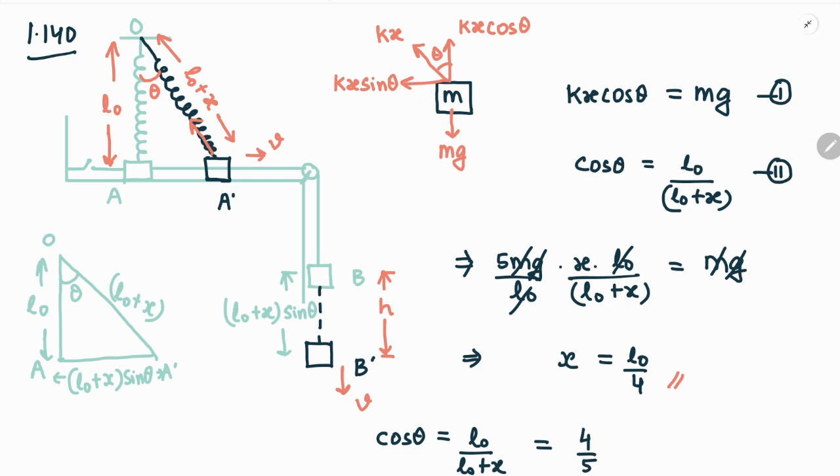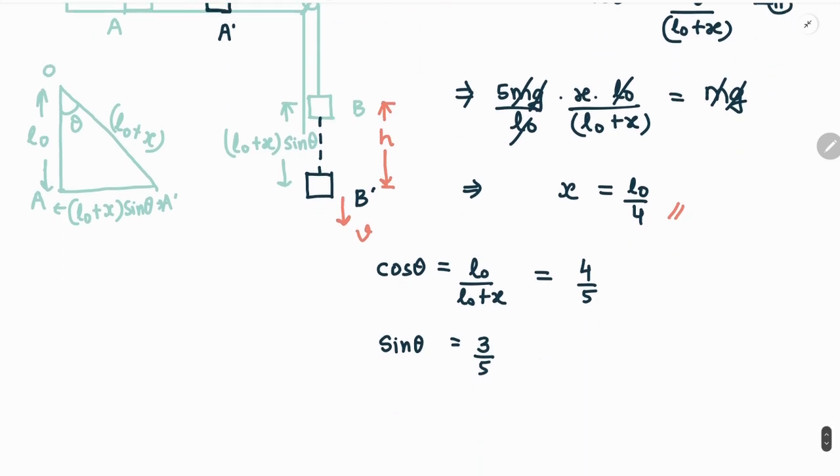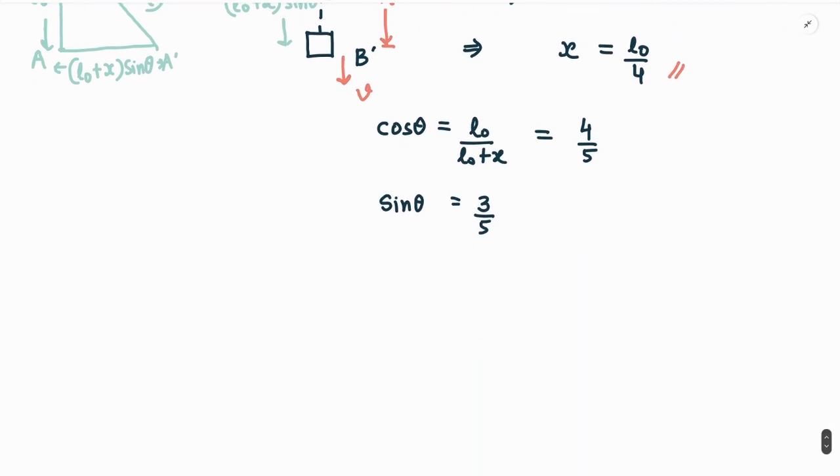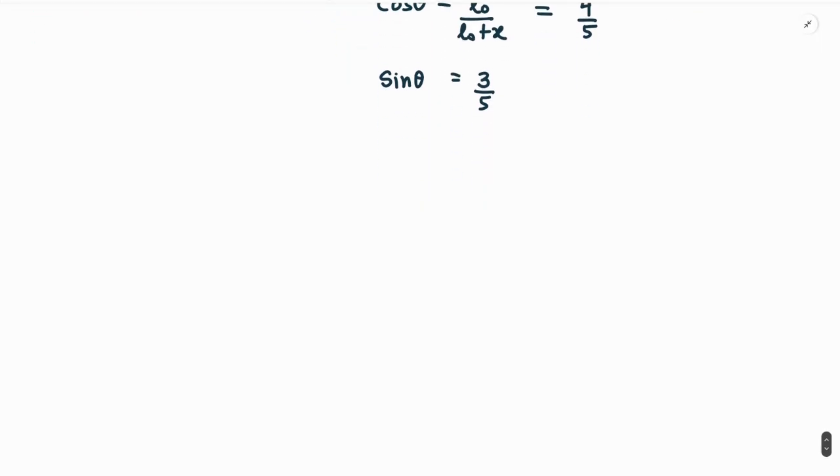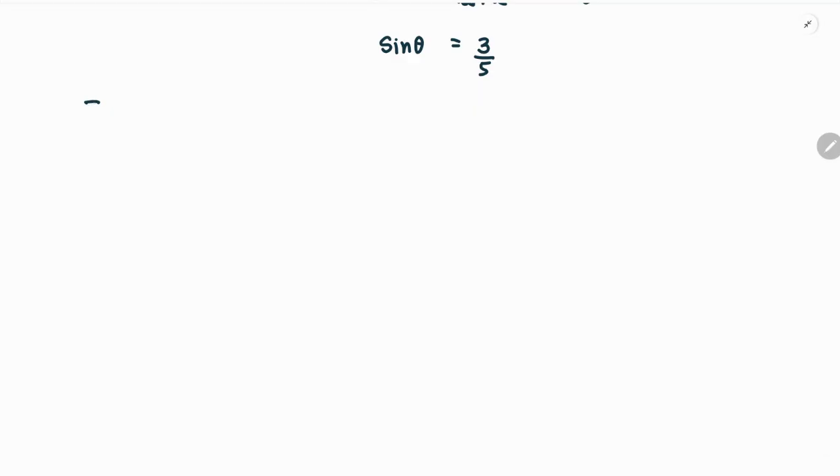So we equate the change in gravitational energy to the kinetic energy and spring energy, that is, the total energy of the system initially is equal to the total energy of the system finally.